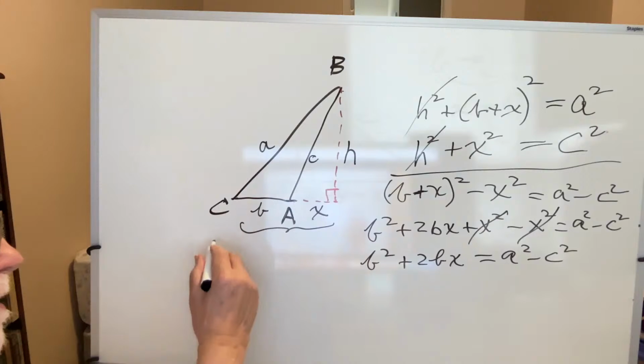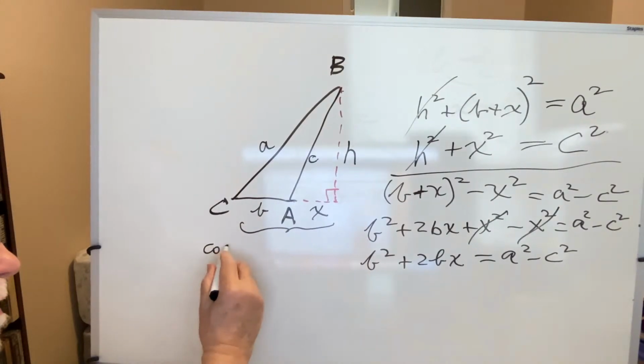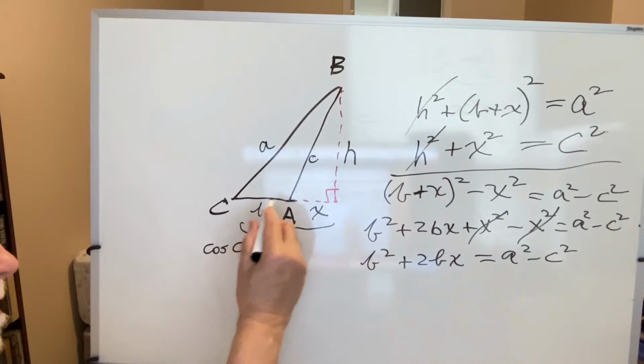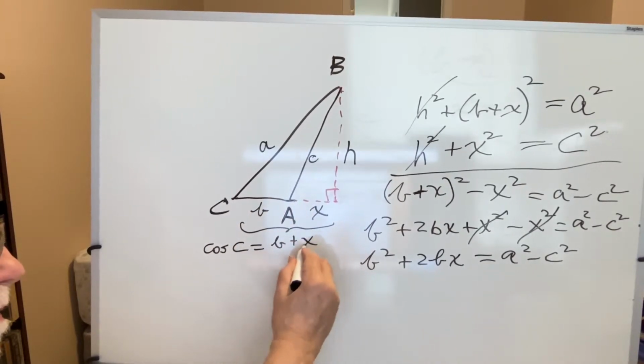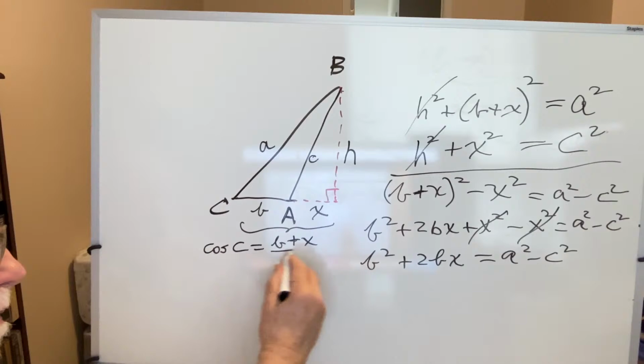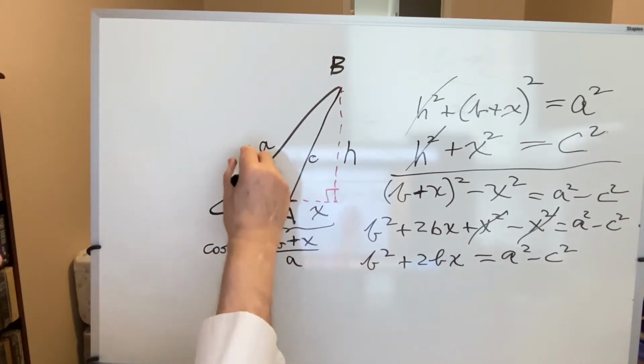Well, but the cosine of c again is b plus x over a.